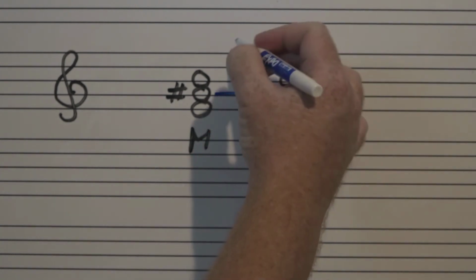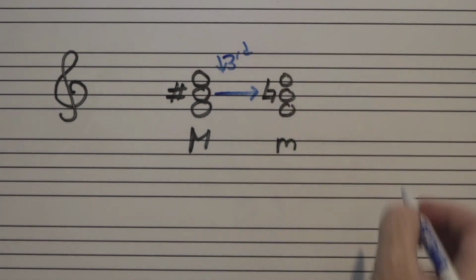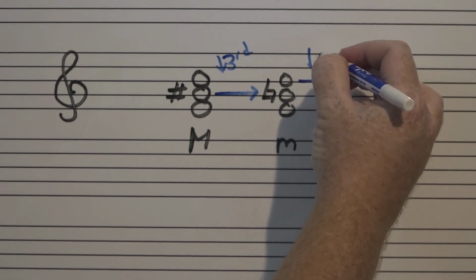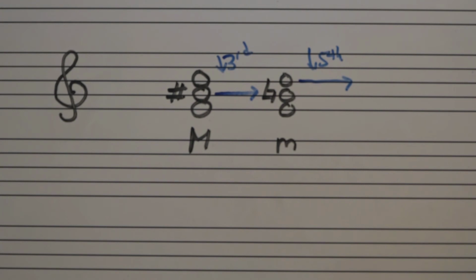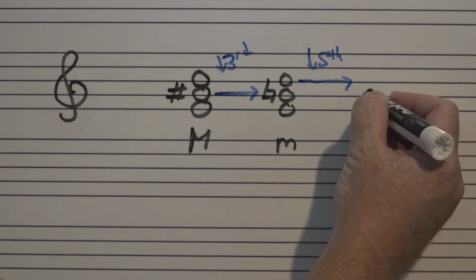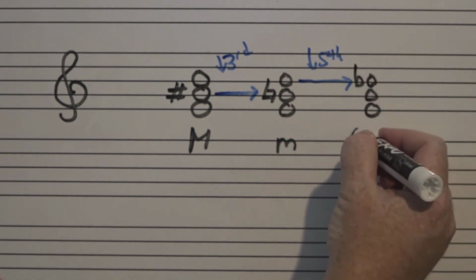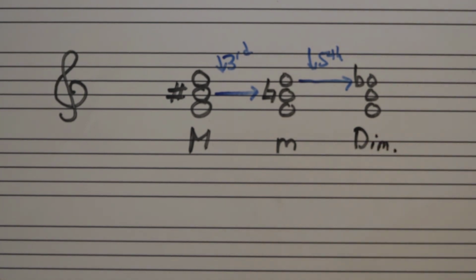So again, that's lowering the 3rd. And now we're going to lower the 5th to get to our diminished triad. So it's E, G, and B flat. And there is diminished.